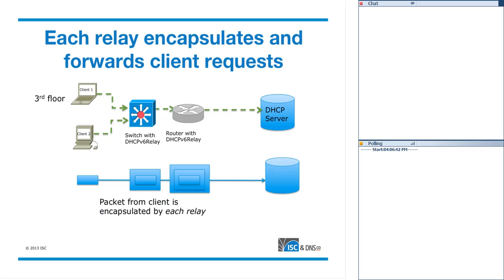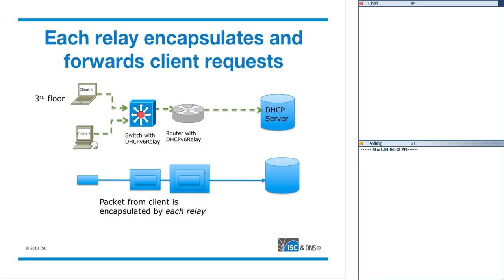Thank you, Eddie. So the biggest difference in v6 relays versus v4 relays is that the v6 relay encapsulates the entire packet from the client. In v4, the relay would simply insert whatever options it wanted into the single packet and then pass it along.